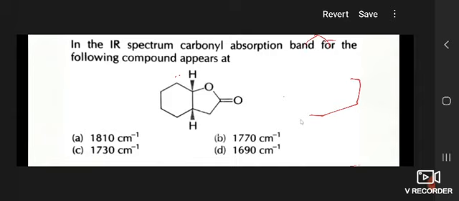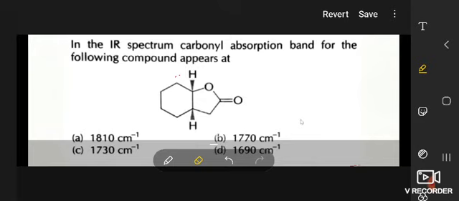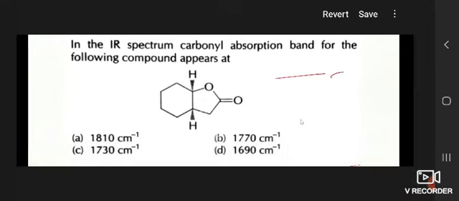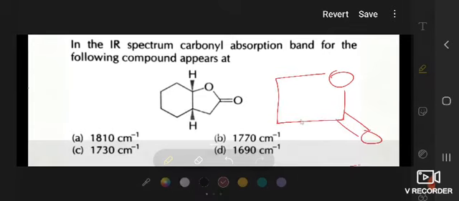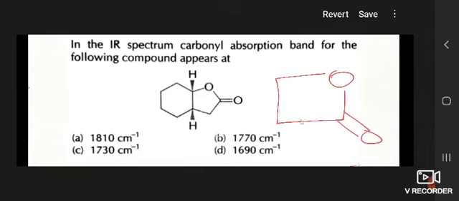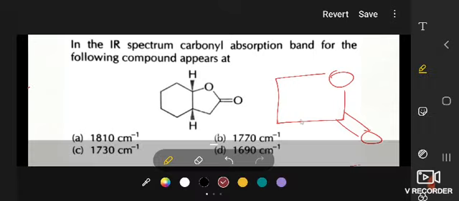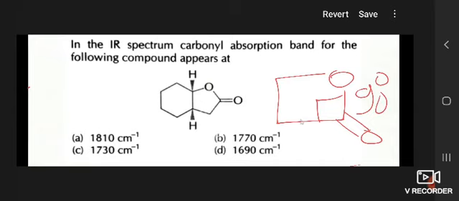Suppose we consider an ester with a 4-membered ring, or a 4-membered lactone. What will be the probable IR stretching frequency for that particular lactone? Consider this. As it is a 4-membered lactone, look here: the bond angle seems to be 90 degrees, but actually it is an sp2 carbon, so the requirement is 120.